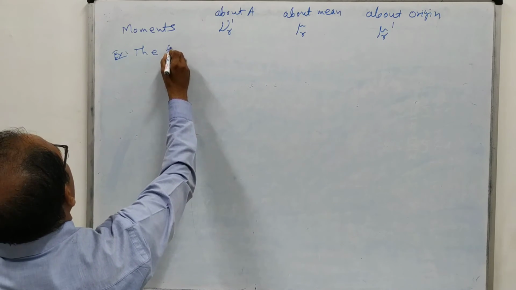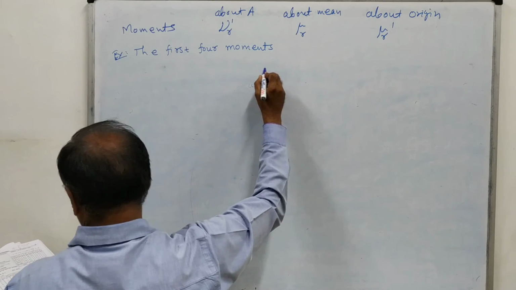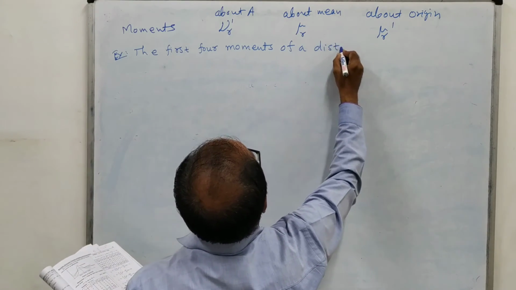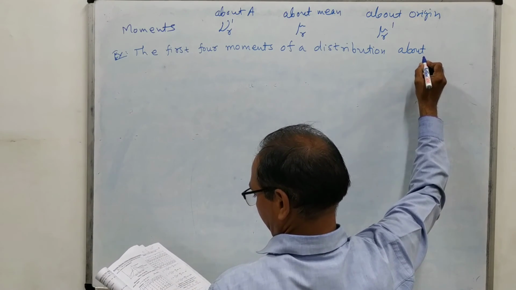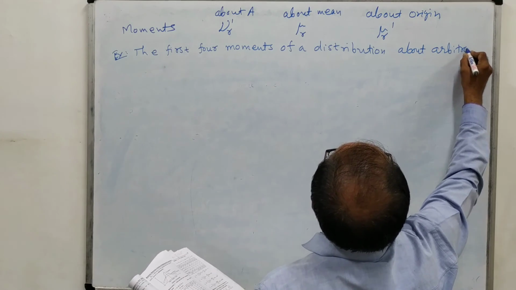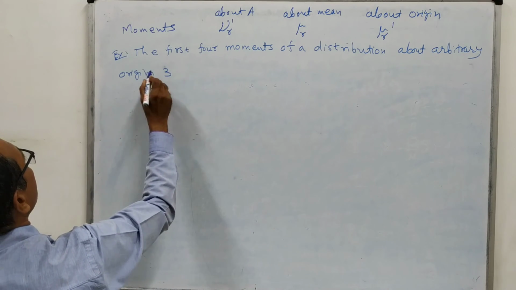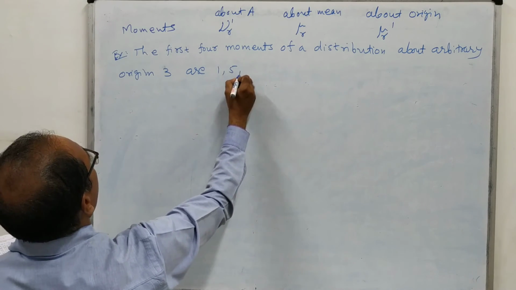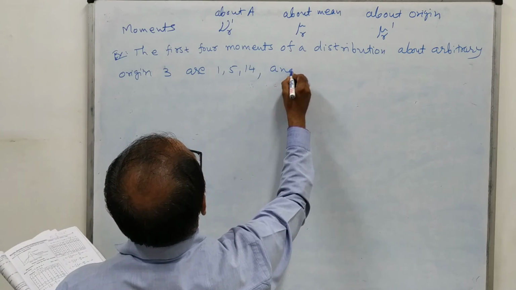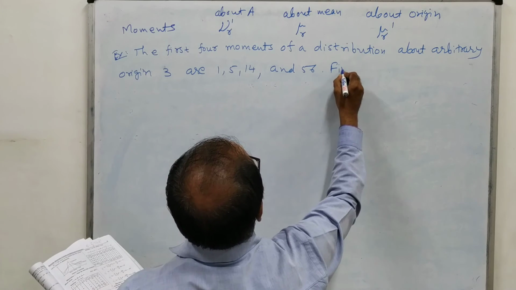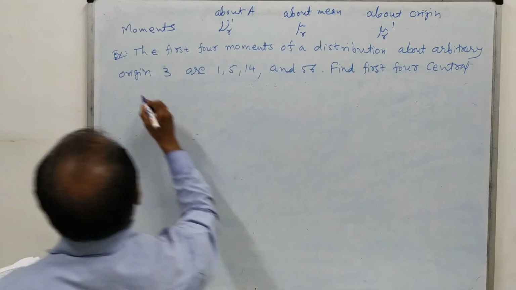The first 4 moments of a distribution about arbitrary origin 3 are 1, 5, 14 and 56. Find first 4 central moments.